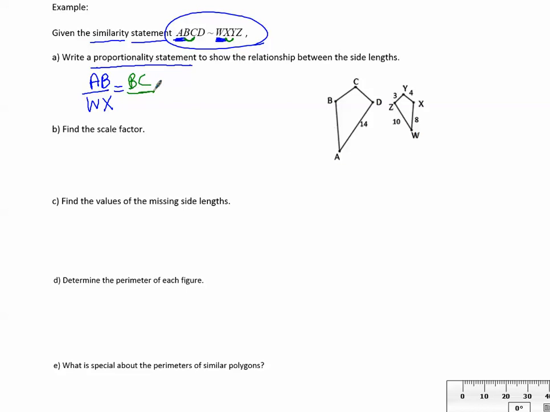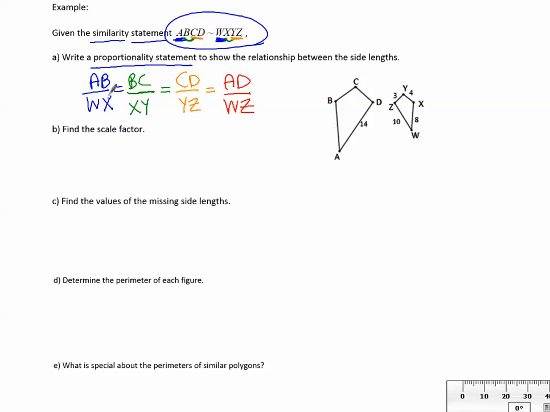BC over XY equals, we're going to write all four sides, CD over YZ equals, and finally the last pair, AD over WZ. Notice that I'm always starting on the left and going to the right, left to right, just like we read words. Now our job is to find the scale factor.